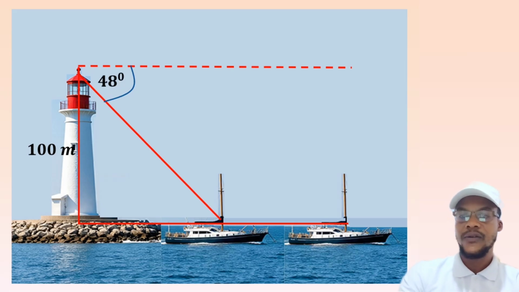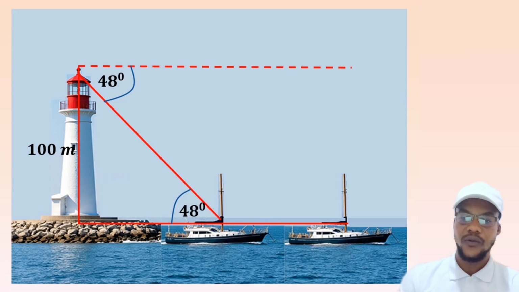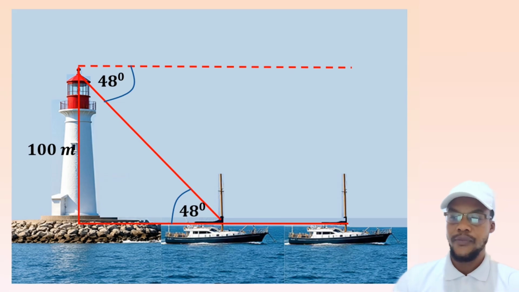So that angle will alternate at the horizontal level from the foot of the lighthouse to the first fishing vessel, and that angle is the same as what? 48 degrees. Okay, yes, so that is the alternate angle we are talking about.